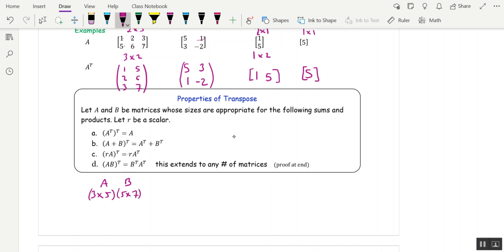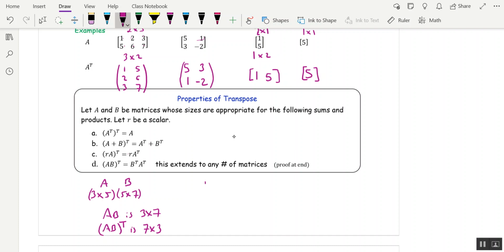Okay, so the product AB is 3 by 7. So what's AB transpose? AB transpose, if you take the transpose of a 3 by 7, you get a 7 by 3. So I'm just verifying the dimensions on the left versus the dimensions on the right.